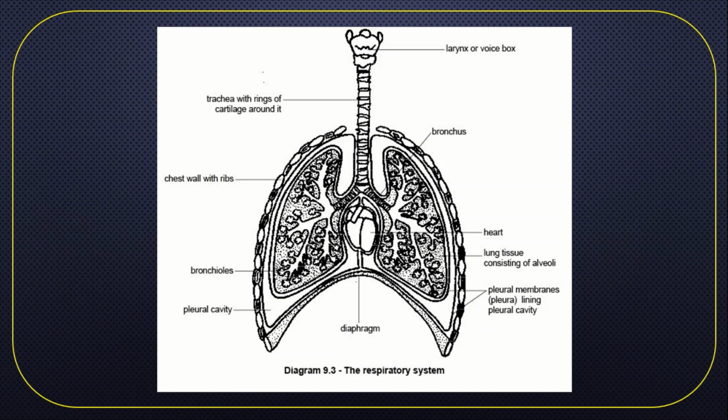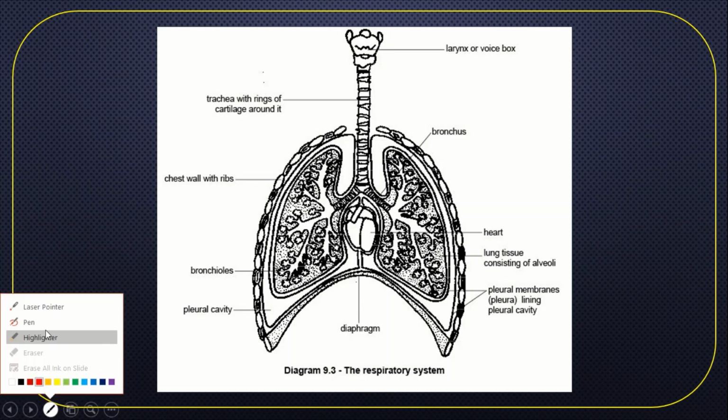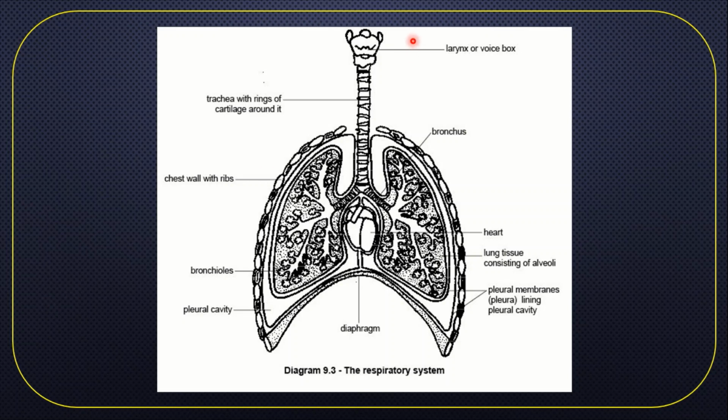There is a picture of the human respiratory system, especially the lower respiratory system. Follow the picture. This part is the larynx, then the tube-like structure is the trachea.